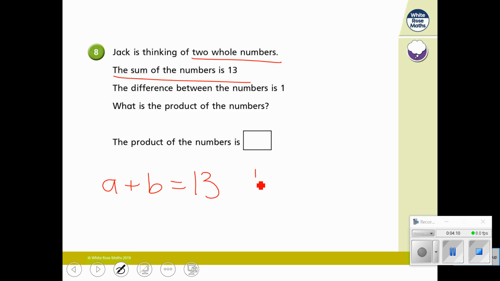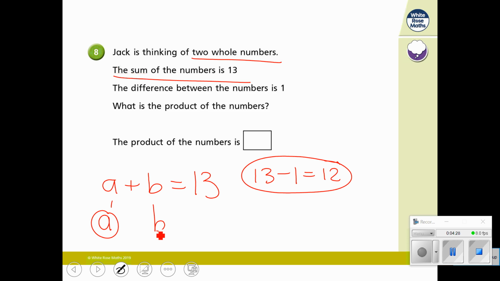So 13 take away 1 is 12. That's the difference between my 2 numbers. So I have got number 1, which would probably be A, and then B, which is going to be A add 1. Okay?